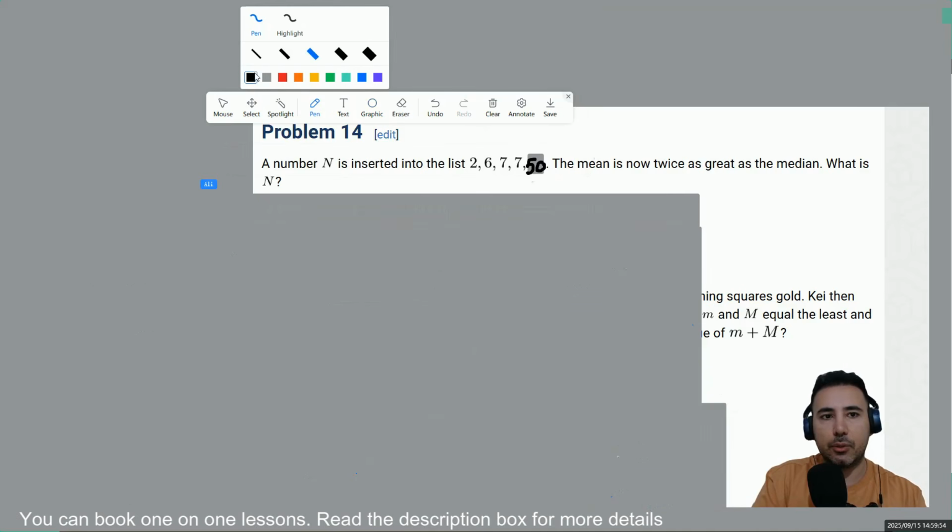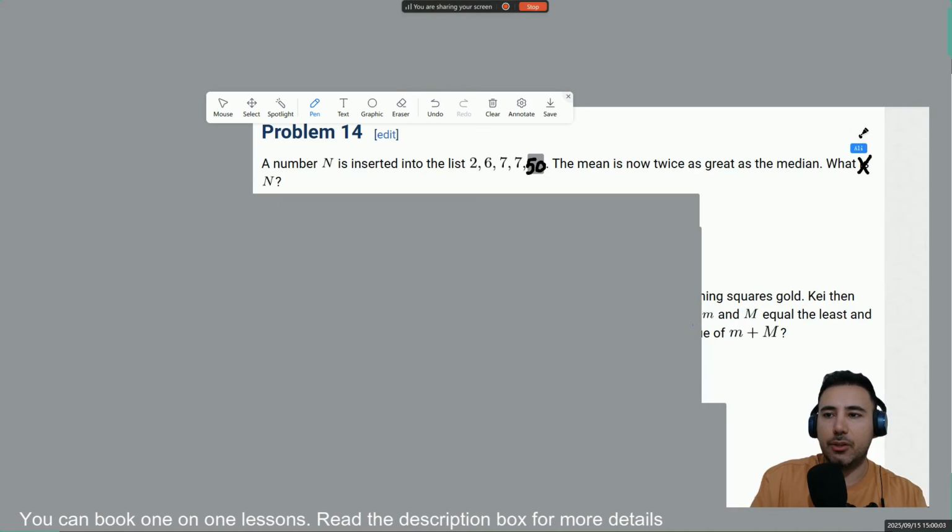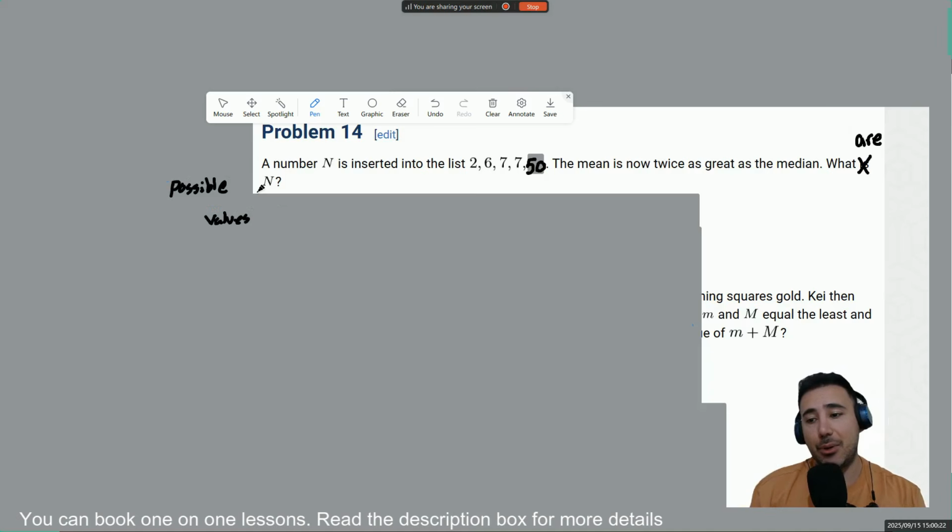So the question is not what is n, it's what are the possible values of n. So this is what we're going to do now, because I changed the question. Now n could be to the right or to the left. You're going to do it for 2 cases.